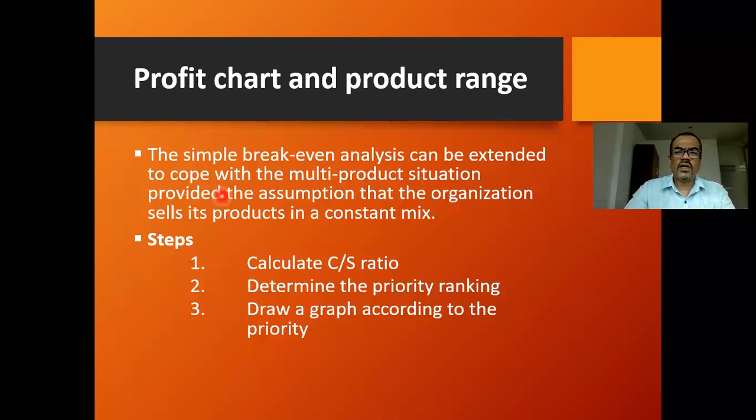I have seen lots of confusion in textbooks and different ways of doing this, and finally you do not understand much. That could be one of the reasons why many students say this is difficult. I will show you how to draw a profit chart with a product range or multiple products in a second.